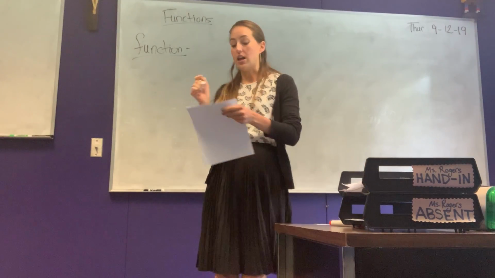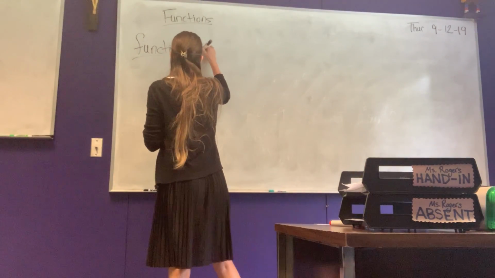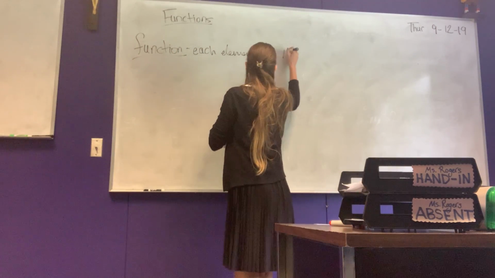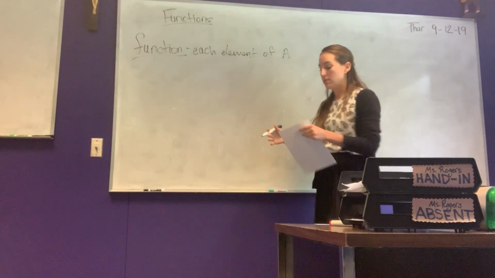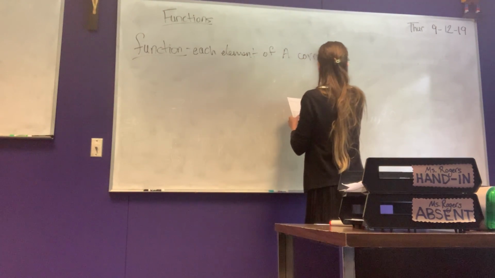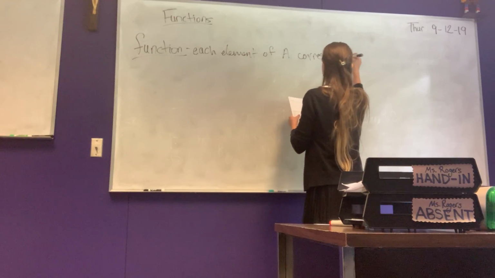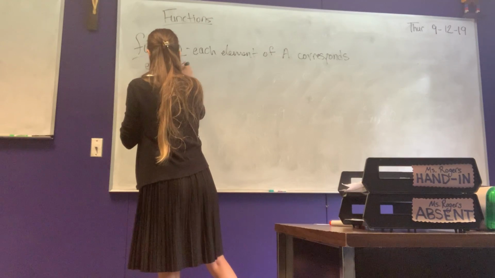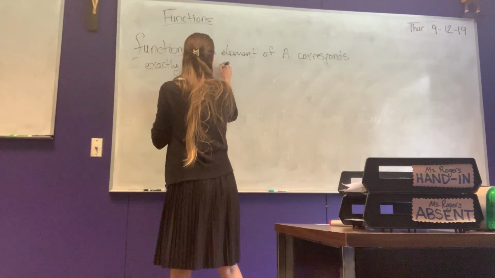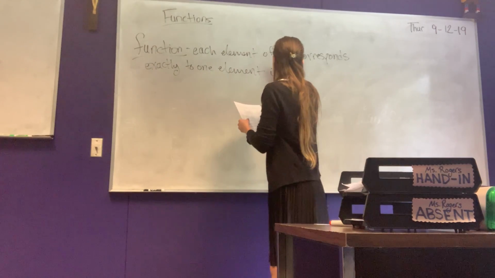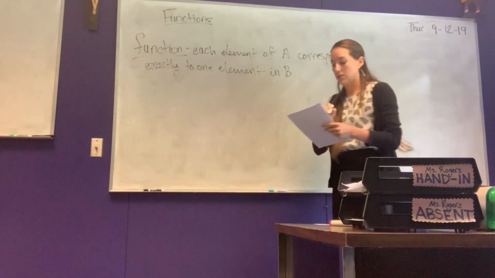So first, let's get a definition down. Each element of A, big A is the name of a set, corresponds exactly to one element in B, big B, the name of the set.